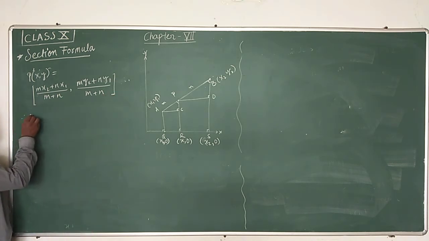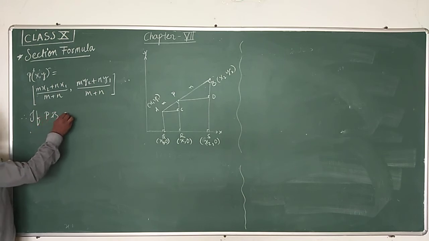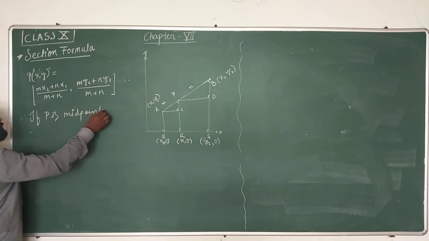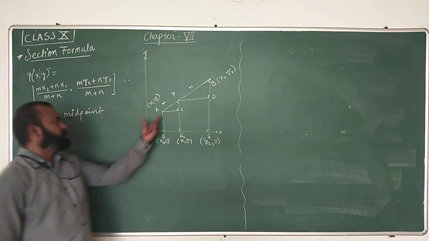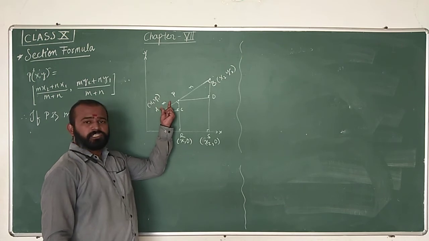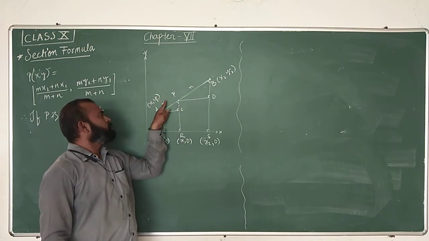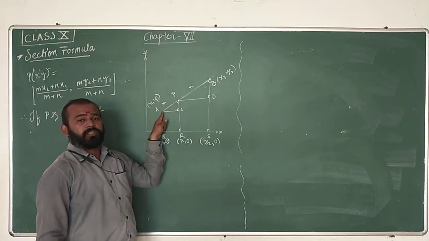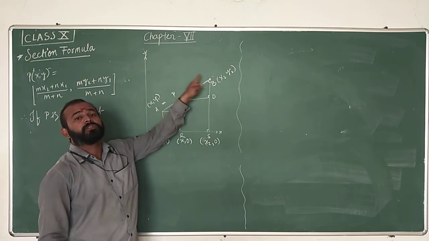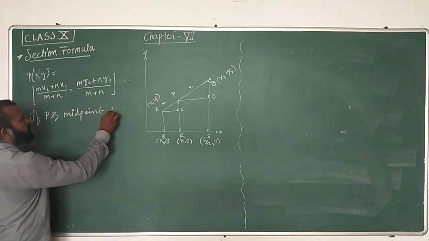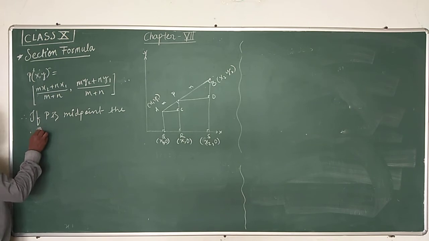Now if P is midpoint, the ratio will be the same. If m is equal to 1, n will also be 1; if m is 2, then n is also 2; if n is 3, then m is also 3. That means m and n both become equal. If P is midpoint then m will be equal to n.